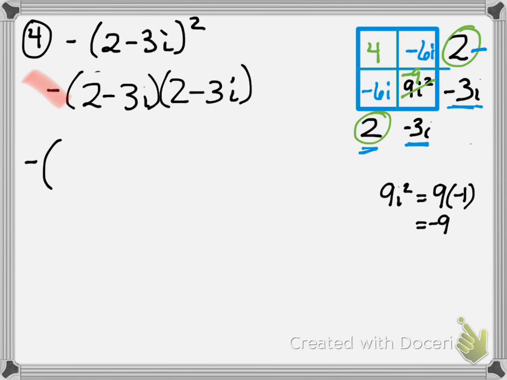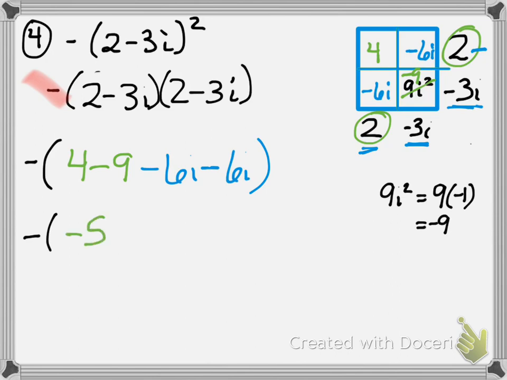The real parts are 4 minus 9 and negative 6i minus 6i. So that negative sign is just hanging out. 4 minus 9 is negative 5, and negative 6 minus 6, excuse me, negative 12i.